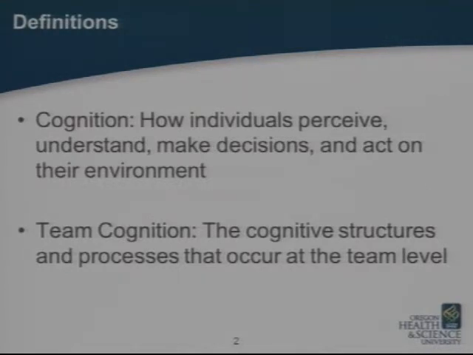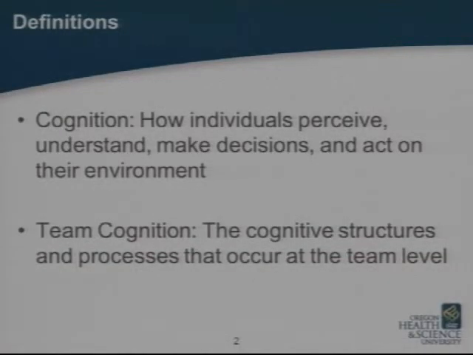This is a bit of a general definition at this point, but I'll get into more detail of what that actually means. Suffice it to say, team cognition depends upon this theory that cognition can be externalized. That is, I can say or write something down from my own mental models, and then you can read and understand it and incorporate it into your own mental models.